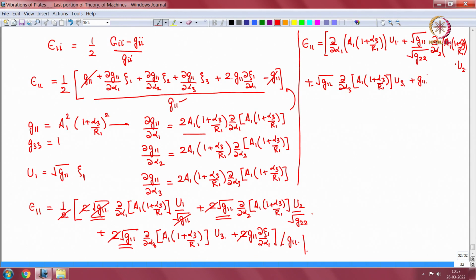G11. Okay, now I will do this over here. Xi 1 is del del alpha 1. Xi 1 from here is U1 by root G11. Okay, and then divided by G11. Okay, so let's see what we get.